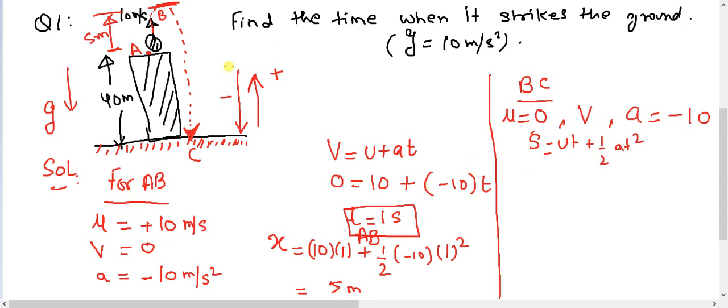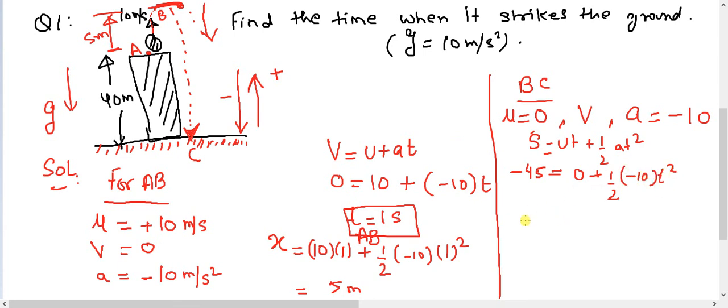This time the total S is again pointing downwards, since the ball will be going from here till it will reach this point. It's pointing downwards, so it will be negative. S is equal to minus 45. Remember why minus is used, because it's going down and this arrow is pointing downwards according to me. So u is 0 plus half acceleration, again minus 10, and the t square.